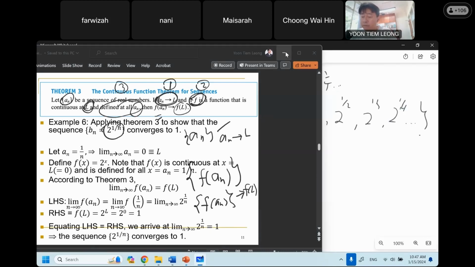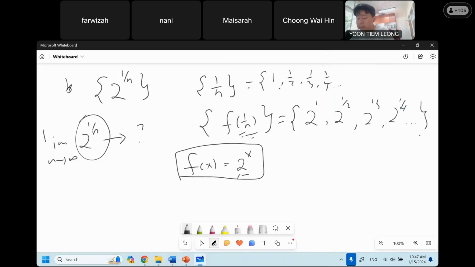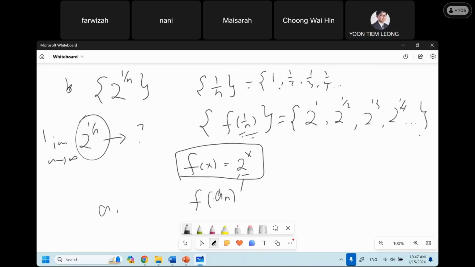My function f is 2 to the power of x, and indeed you can find that the function f(x) is defined for all a_n, where my a_n is just 1 over n.